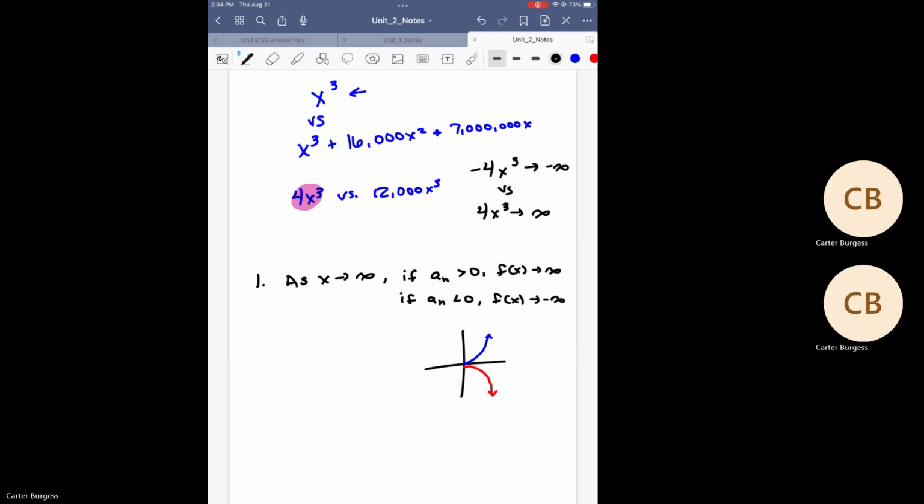The second rule that we have to look at deals with the power, the degree of the polynomial. For instance, if I want to compare x squared versus, let's say, x cubed in terms of their behavior, how will these behave differently? Let's think about how they behave differently when I plug in a really large negative value. So for instance, if I plug in 10 to the 20 squared versus negative 10 to the 20 squared, what do I know about these two values?